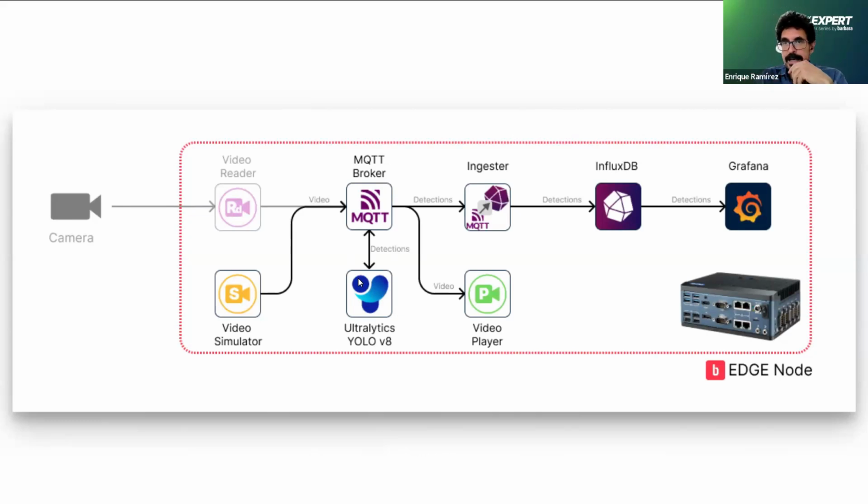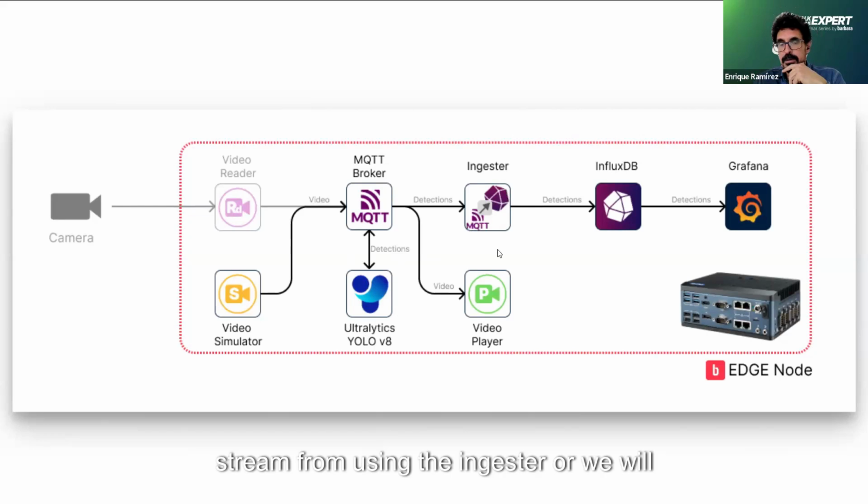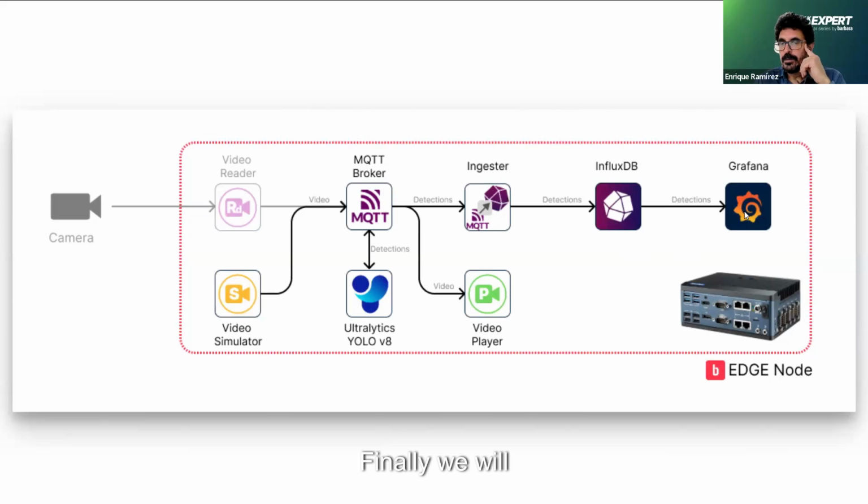We will get this telemetry stream using the ingester and store it in an InfluxDB. As I mentioned, finally, we will see all the information in Grafana using a predefined dashboard. All this application set will be deployed in just one go. So that's the whole thing.